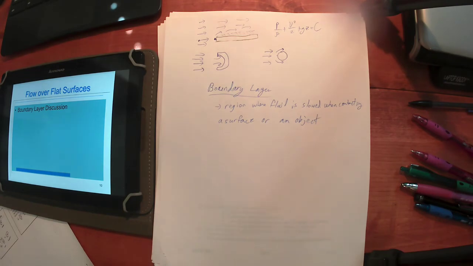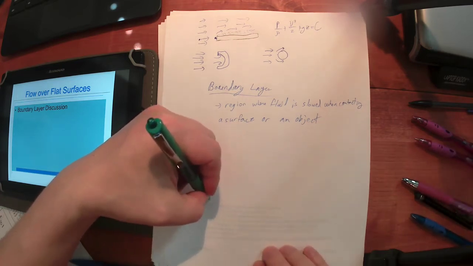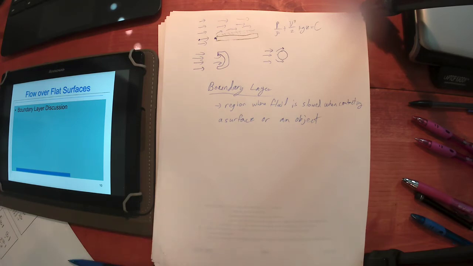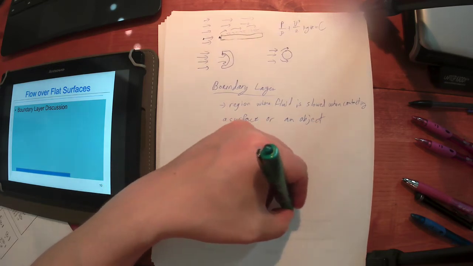And what we're saying there is, if I've got, I'll use green here, let's say that I've got some kind of surface down here.